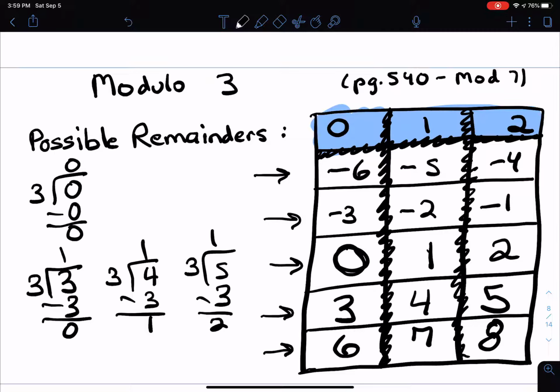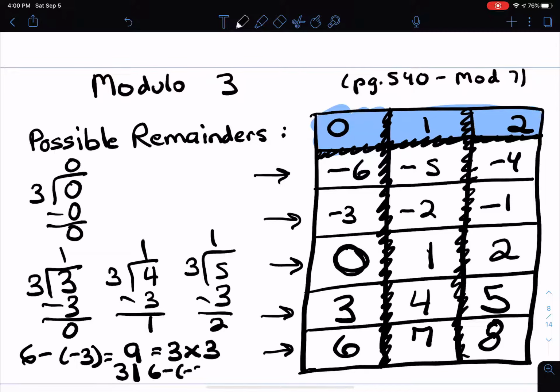Or 7 minus 1 is 6. That's a multiple of 3. That even works with your negative numbers. If you did 6 minus -3, you get 9, right? Well, 9 is 3 times 3. That is still a multiple of 3. So 3 divides evenly into 6 minus -3.